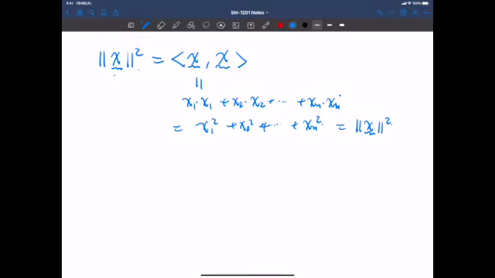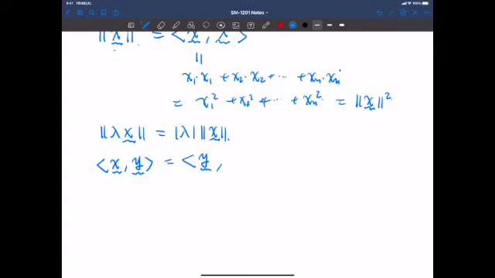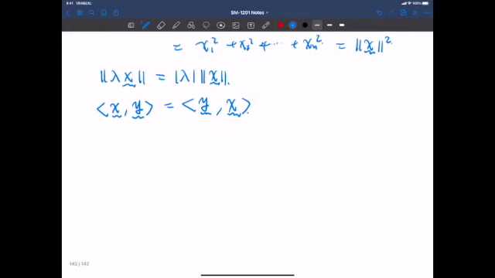And similarly, you should prove the following. For example, here lambda is a scalar and x is a vector. This modulus is equal to the absolute value of lambda times the modulus of x. Okay, and the scalar product is commutative. And what else?